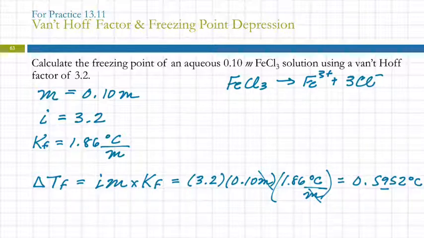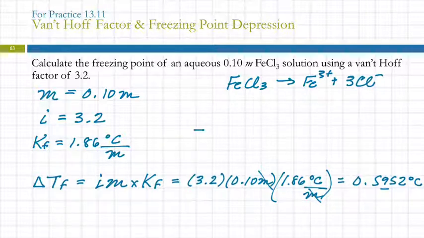What's the freezing point? Pure water would be 0. And the change, freezing point goes down. It's always expressed as a positive number. I disagree with that, but we have to deal with it. The freezing point goes down, so we subtract this from the normal freezing point.